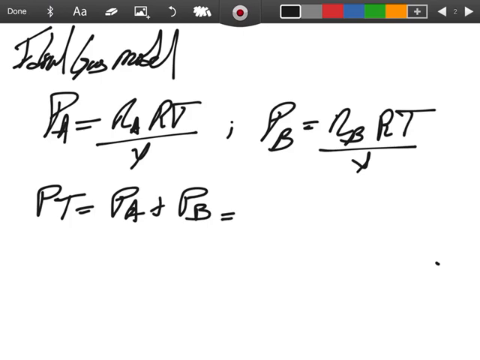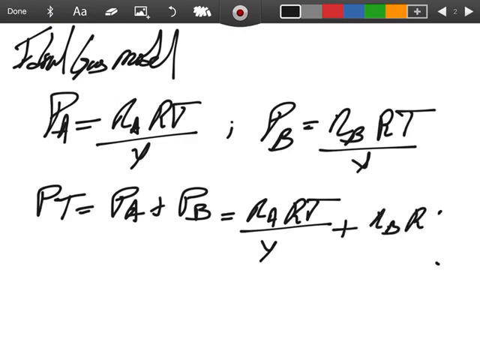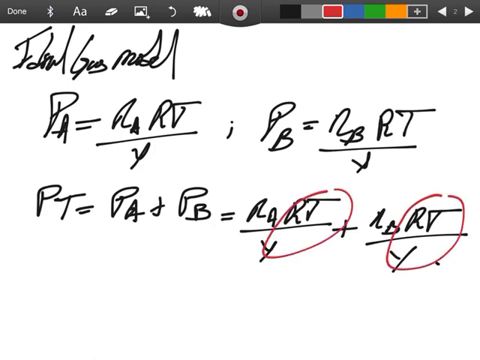So following that, the total pressure is going to be the same as the number of moles of A times RT over V plus NB times RT over V. And look at this, we have a common factor, right? We have RT over V as a common factor.